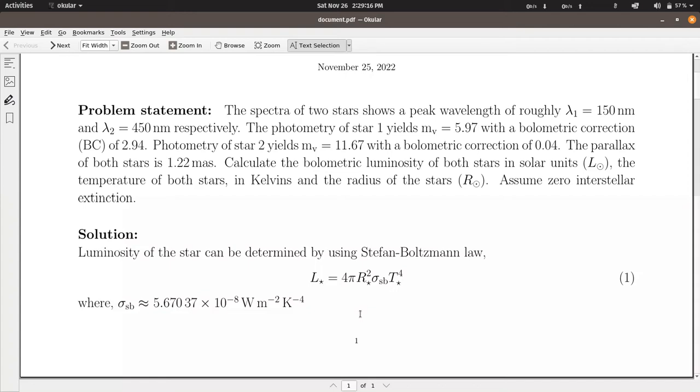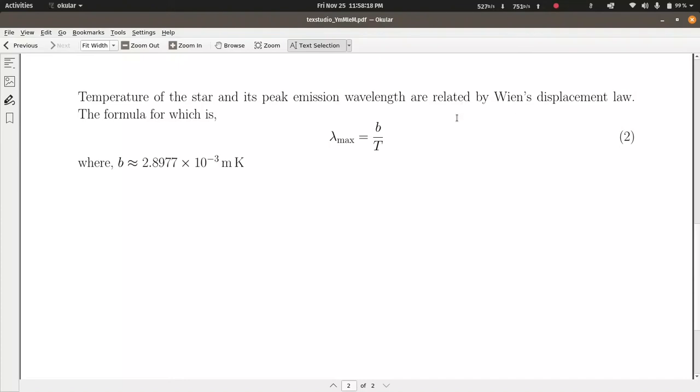What do we do? We look at the peak wavelengths for each star, lambda 1 and lambda 2, and we can determine the temperature for the stars using Wien's law. So this is Wien's displacement law. Lambda max, the emission peak wavelength, is equal to some constant b divided by the temperature.